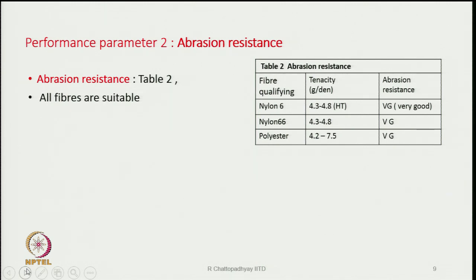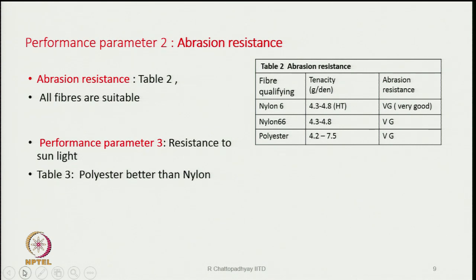That also could be very useful; not necessarily do we initially have to go by the numerical figures of various properties. If we have a table where the properties are given in qualitative terms, then also they can be used as an initial guidance. So, here we see that generally all of them are very good, and therefore, all of them will be suitable from the point of view of abrasion.